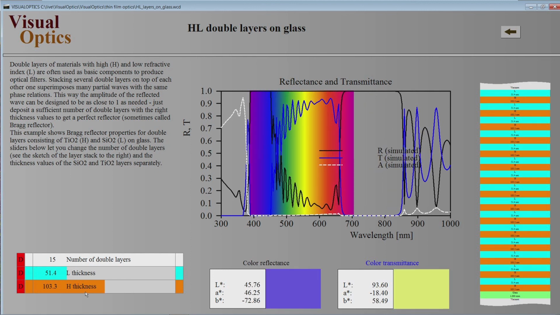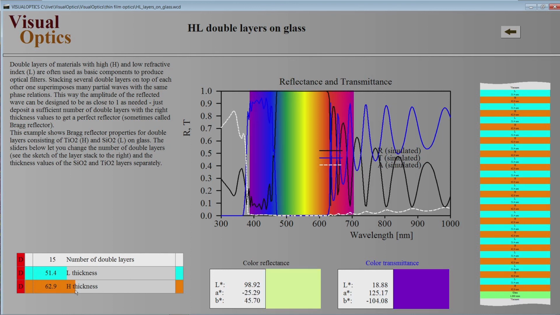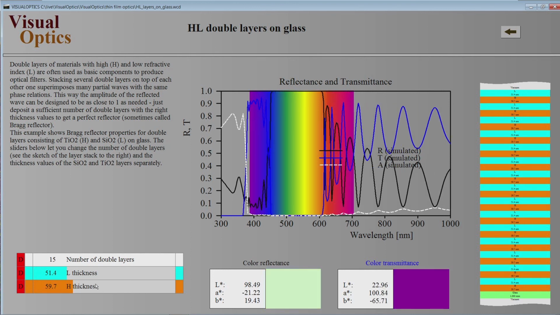And these so-called Bragg reflectors are used for high power laser mirrors because the absorption in this stack is almost zero, very close to zero, because the coherent superposition of partial waves avoids that light reaches the glass, so all the light in this maximum is reflected within the first maybe 10 or 12 double layers.